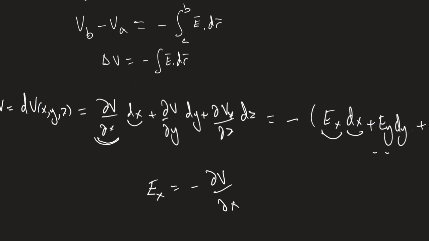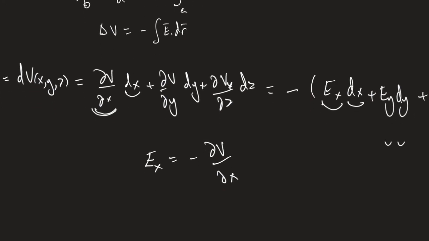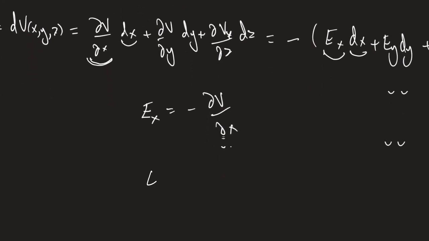So if you find the potential, the negative slope of the function will be the electrical field. So knowing the potential, you know the electrical field. So Ey is minus the derivative of V with respect to y, and Ez is minus the derivative of V with respect to z. We will practice this idea in the following examples.